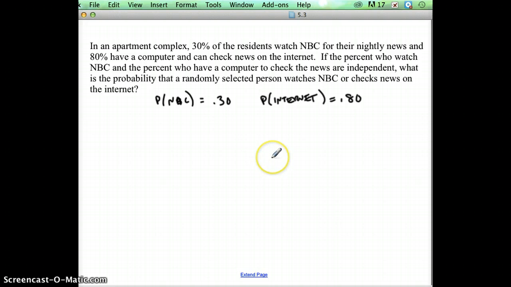If the percent who watch NBC and the percent who have a computer to check the news are independent, what is the probability that a randomly selected person watches NBC or checks news on the internet? Okay, so the big thing is they're telling us they are independent, and now we're going to do an OR problem.